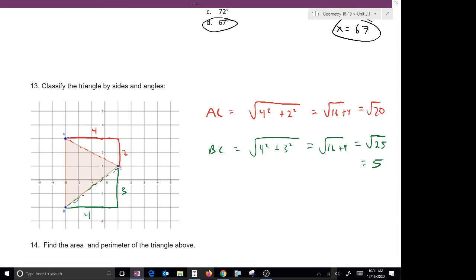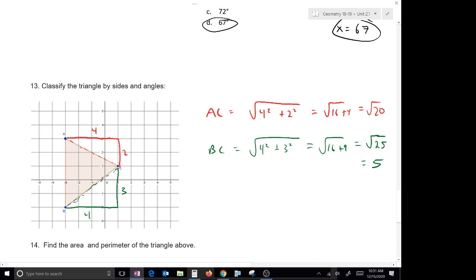And lastly, our third side here, we don't have to do any work, we just have to count the units, 1, 2, 3, 4, 5, so AB equals 5, and so we got two sides the same. That means that this is an isosceles triangle. Okay. That's classification by sides.